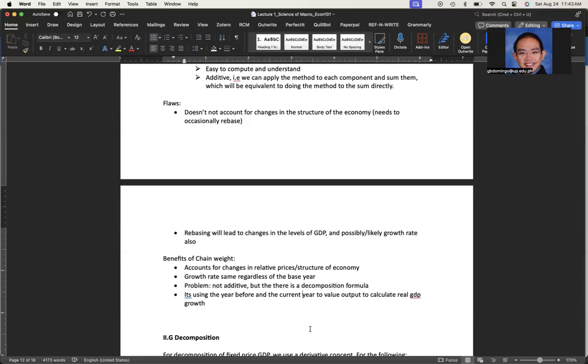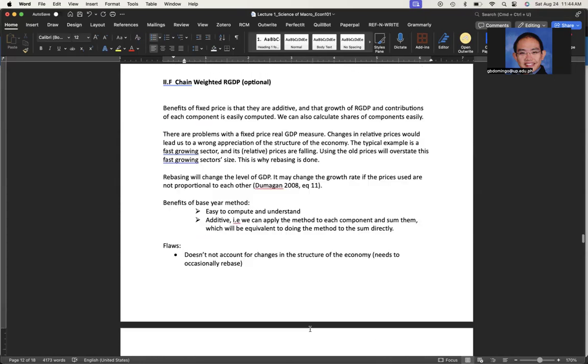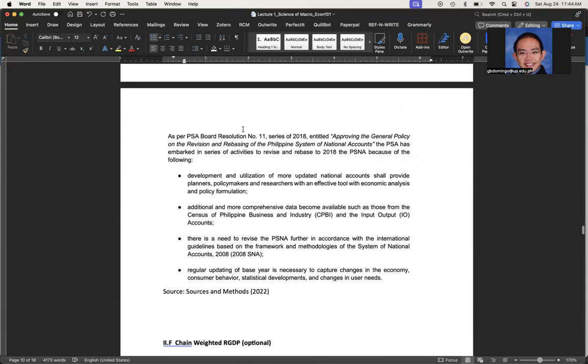Now there was an attempt to use chain-weighted GDP to measure real GDP growth, and I think they were probably trying to calculate this in tandem or in parallel. But ultimately, the PSA decided here to simply rebase it and not to move to the chain-weighted real GDP to calculate real GDP growth.